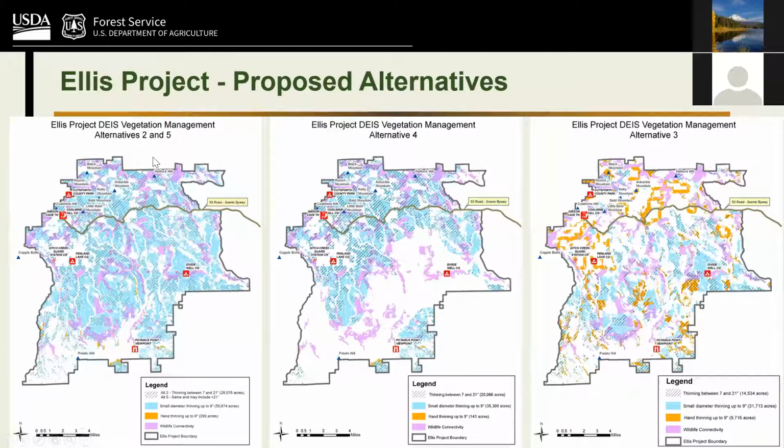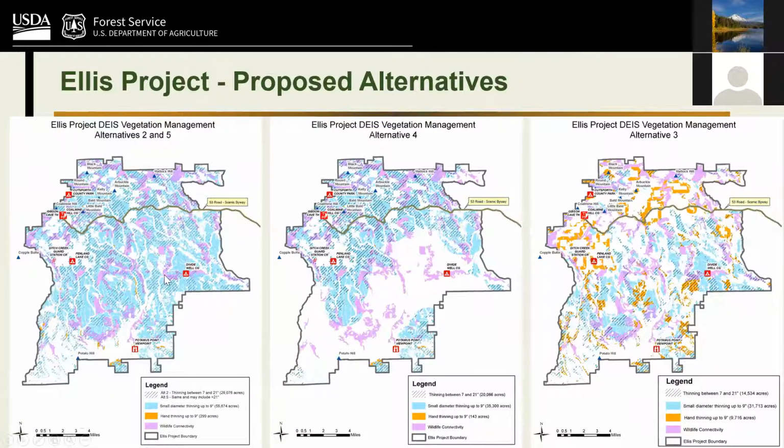So this is alternative 2 and 5 on the first map, and then 4 and then 3, and I organized them in a way of treatment, really, impact on the landscape there. So the hash mark is thinning between 7 and 21 inches. And then again, the alternative 5 would include taking some greater than 21-inch trees. The blue is small diameter thinning. The orange is hand thinning.